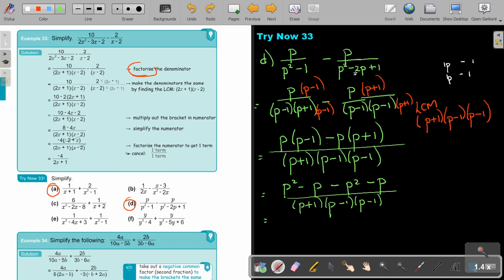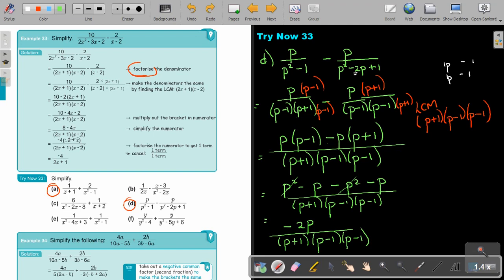And this will cancel out, do you see? And there is negative 1, so it's negative 2P over P plus 1, P minus 1. Okay, and that will be your final answer.